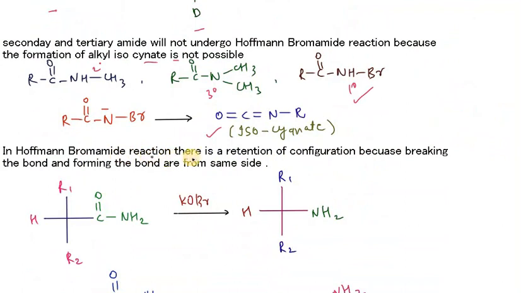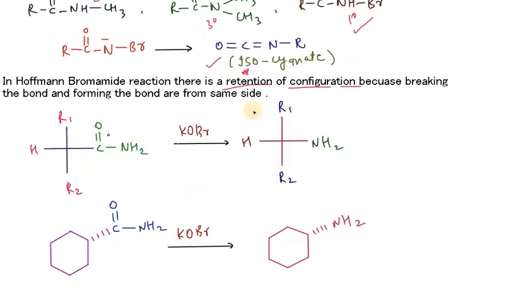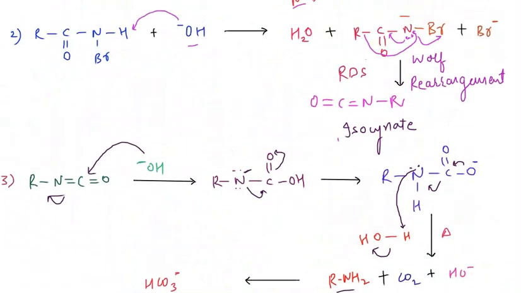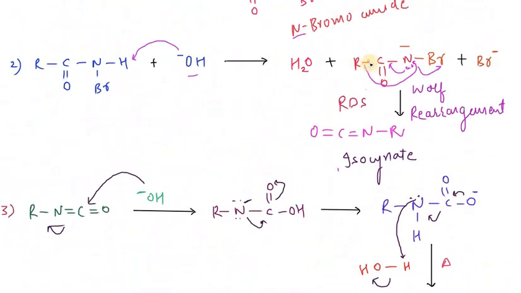In the Hoffmann bromamide reaction there is a retention of configuration. That is important. There is retention of configuration because the breaking of the bond and the forming of the bond are from the same side. If we see the mechanism, here the bond is breaking and here the bond is forming.